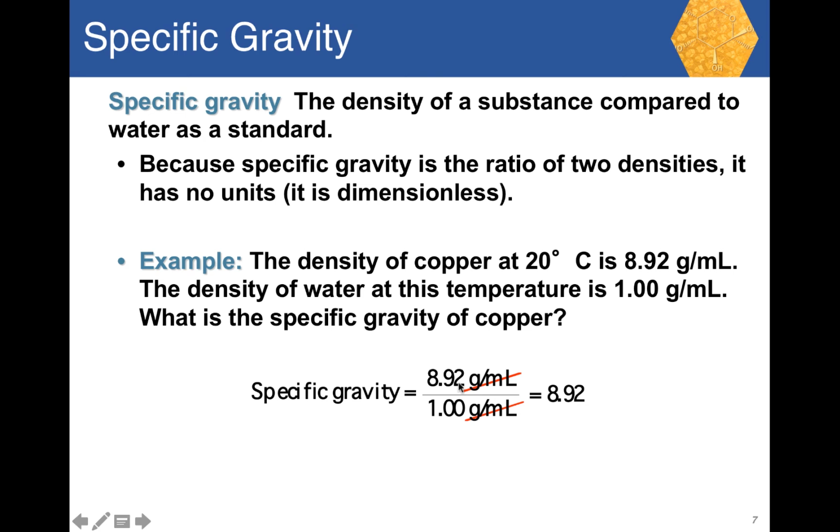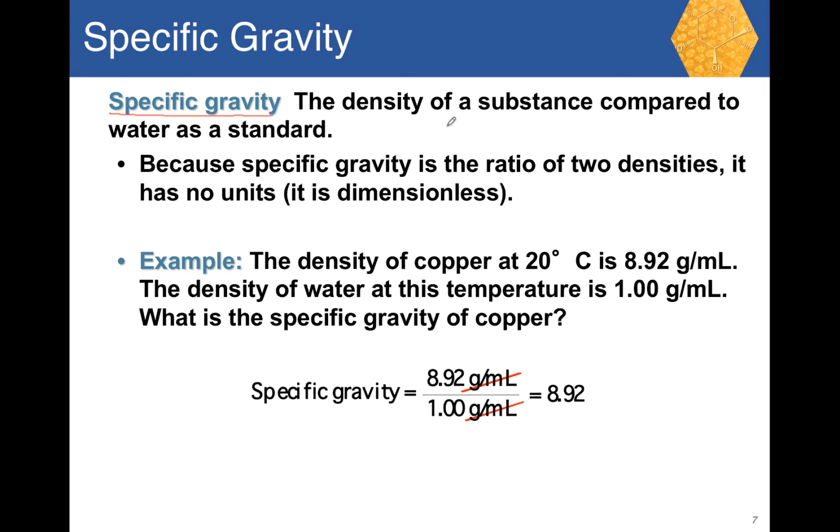Okay, let's look at another property here, and this property is called specific gravity. So this is another physical property of matter. It's measurable. You can go in the lab and measure the specific gravity. However, let's look at the definition first.